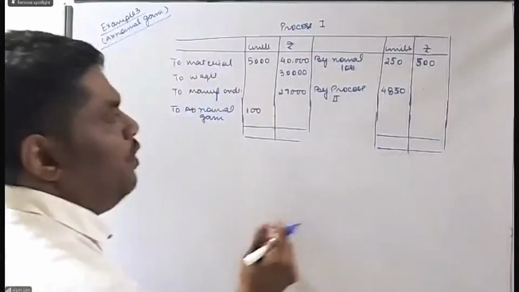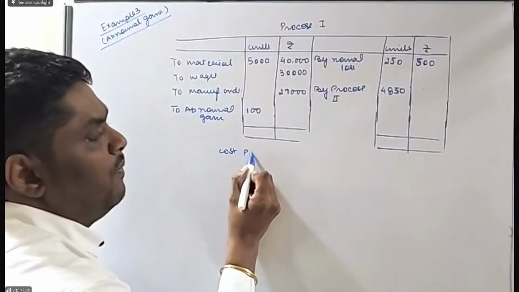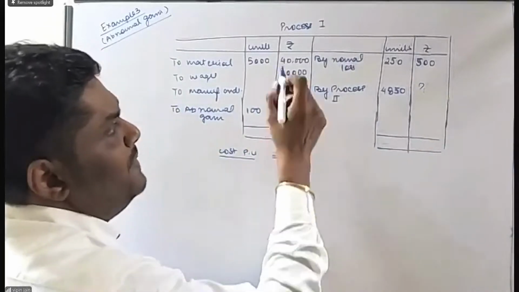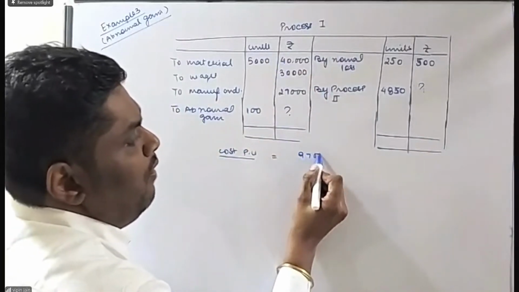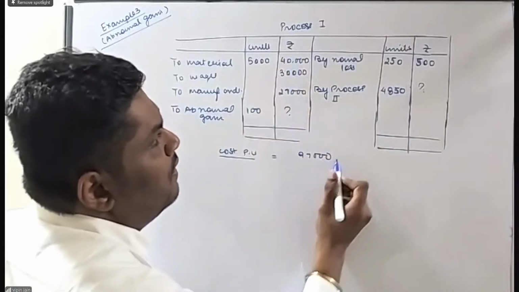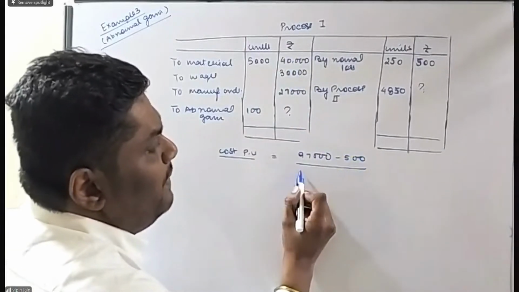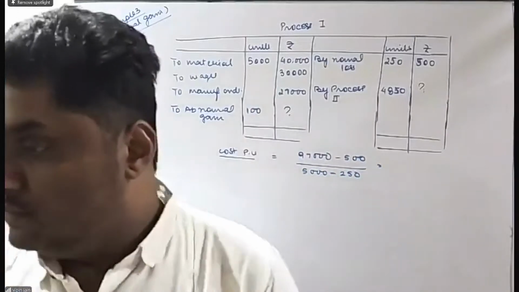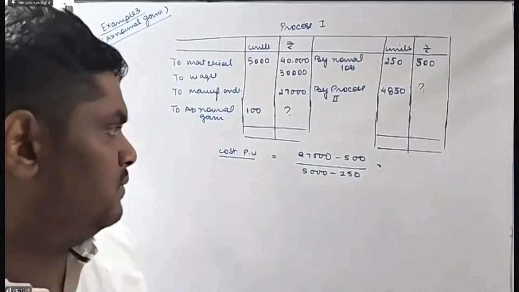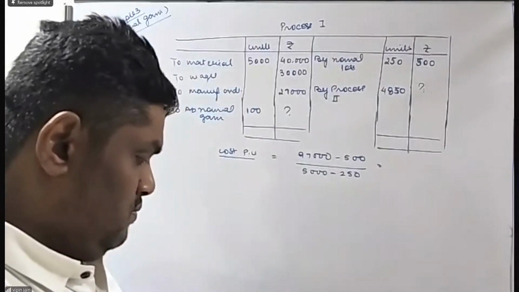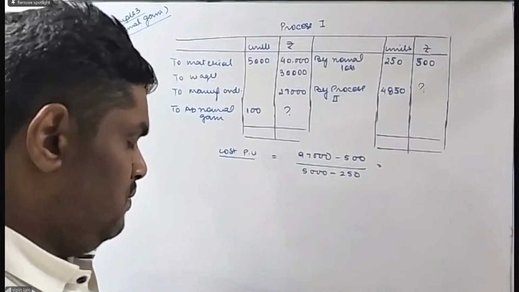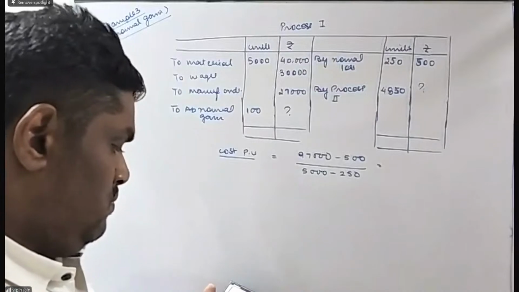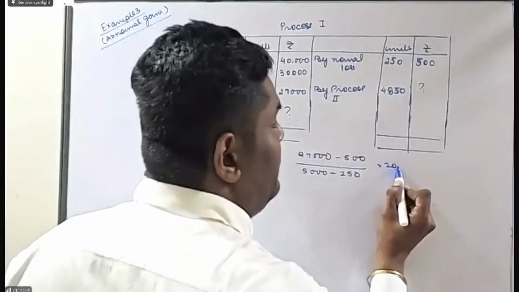Again, there will be no change in cost per unit. We have to calculate these two values. Again, there will be no change in cost per unit. It will be same, that is 97,000 minus 500 divided by my expected output, that is 5,000 minus 250. That is 20.32.